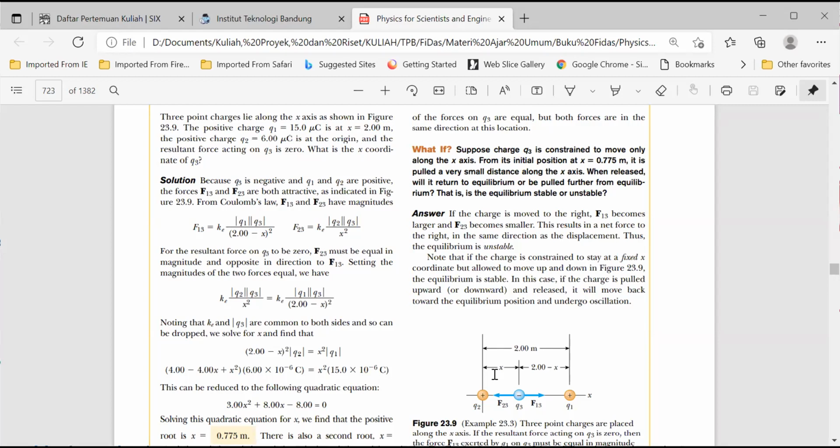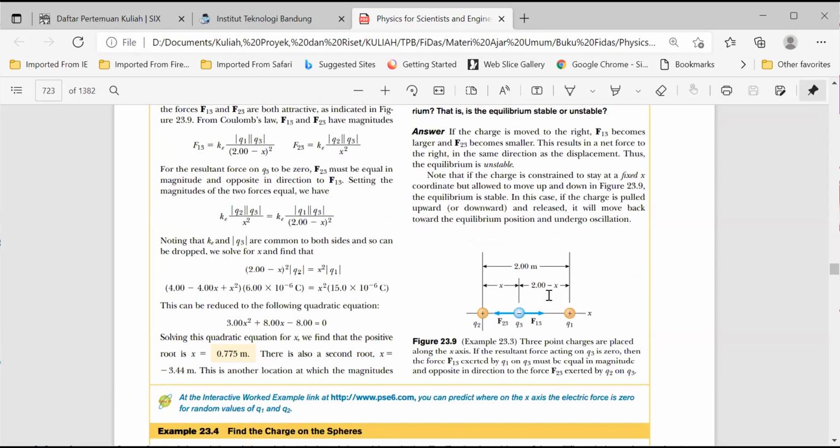It means that the resultant at the point where Q3 lies is 0. As you see from this picture, F23 and F13 have opposite directions. So there is a point, this is the indication, where the force is 0.